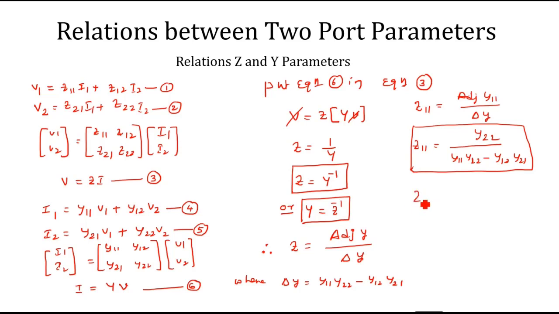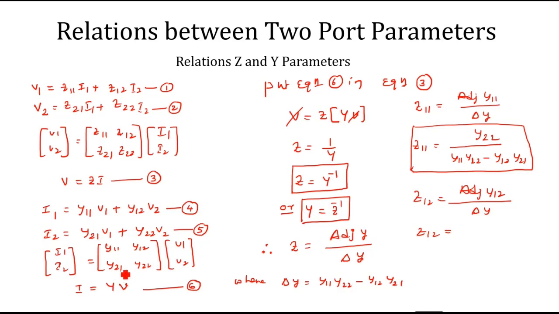All right. What is Z12? Adjoint of Y12 divided by determinant of Y. Adjoint of Y12 is minus 1 raised to i plus j into Y21.